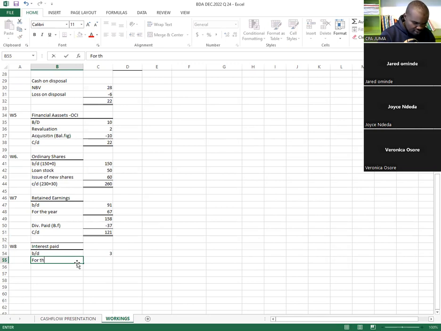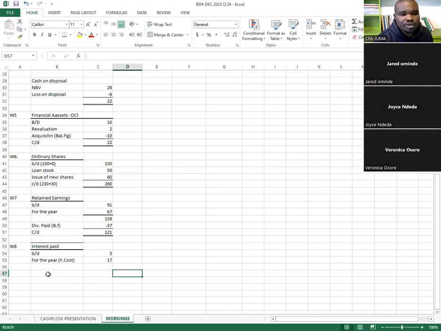Then for the year, the one which you are calling finance costs, check the P&L. For the year, finance cost, we were charged 17. I hope you can see it. So the total is supposed to be 20. According to the examiner, carried down, which has not been paid, is only 7.